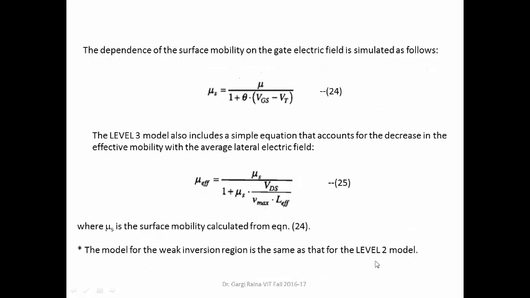The dependence of the surface mobility on the gate field is simulated by using this expression, where the mobility mu s is described in terms of mu divided by 1 plus theta times VGS minus Vt. The level 3 model includes a simple equation that accounts for the decrease in the effective mobility with the average lateral electric field.